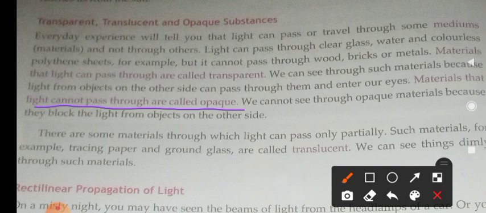And what is a translucent object? We have learned about transparent and opaque. Translucent objects are the materials which can pass the light only to a partial amount. For example, tracing paper, ground glass, they are translucent. You can see the things, but they are not very clear.